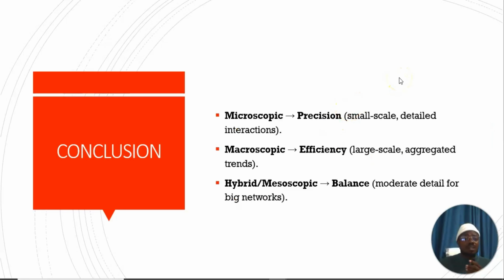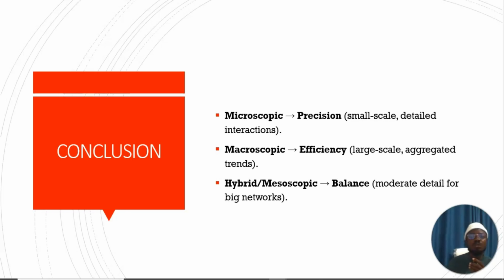So looking at the conclusion on this, we already said that microscopic is small and detailed interaction, whether it is talking about the driver's behavior, or looking into the individual vehicles or the characteristics or the behavior of each of those vehicles. So it's microscopic.